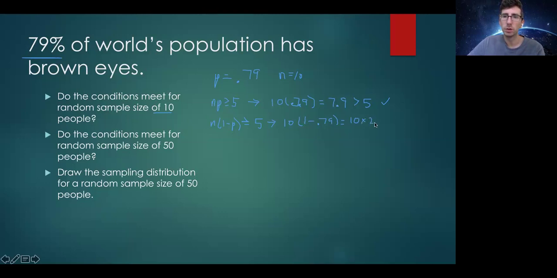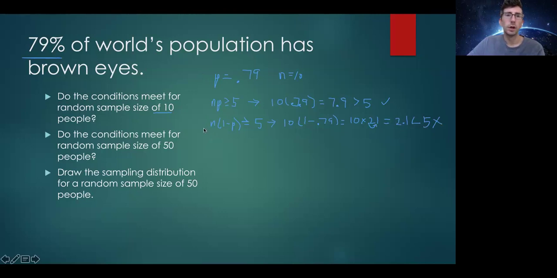So 10 times 0.21, again move that decimal place over 1. This is 2.1, and this is less than 5.